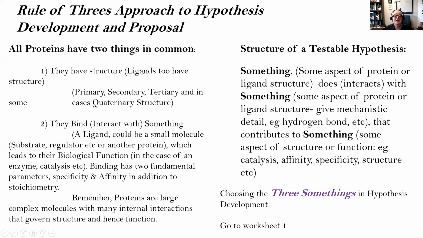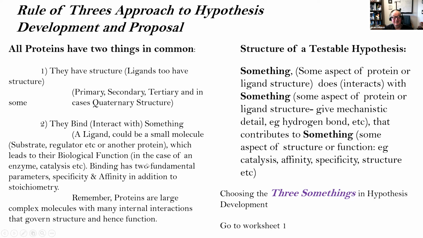They have structure and they bind something. There is not a protein on the surface of the Earth that doesn't have some form of structure. There is not a protein on the surface of the Earth that doesn't interact with something. If you start with that, you can build a really good infrastructure for a hypothesis.